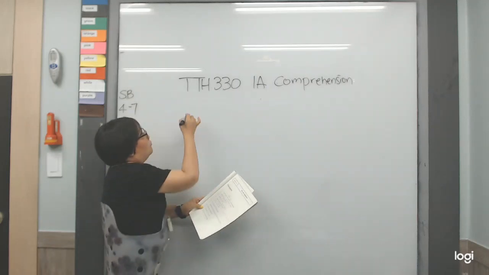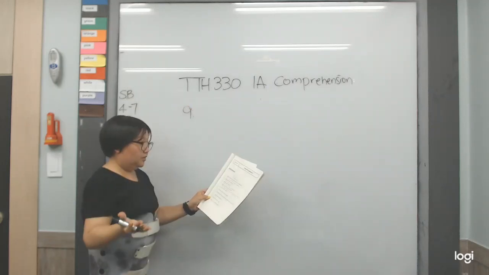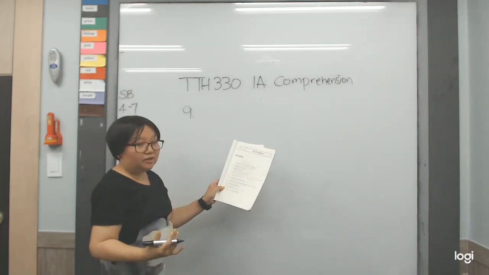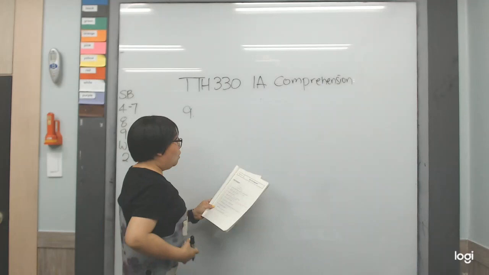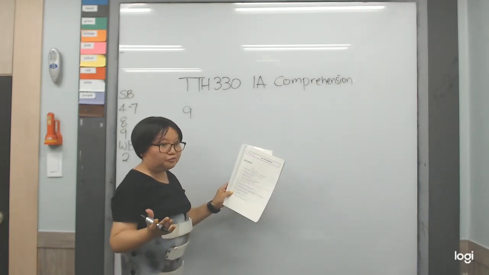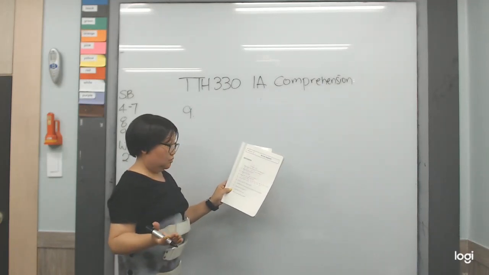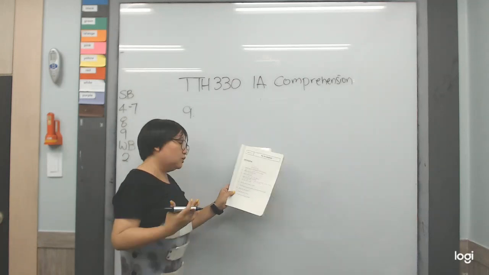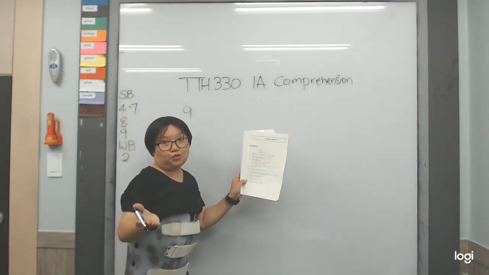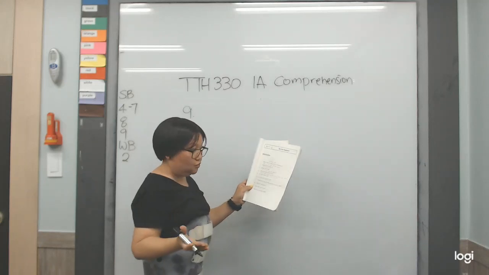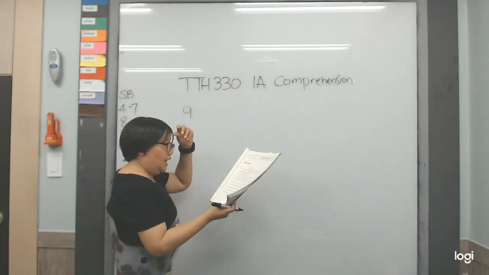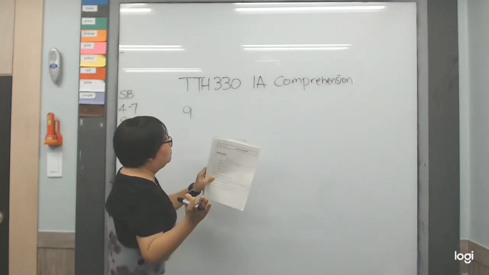Okay, so number 9, everybody, what is it? What will it do for you? So, for example, if you have a dog, what will the dog do for you? Or if you have a cat, what will the cat do for you? If you have a bird, what will the bird do for you? Well, I said I will have a dog, right? So, let's write down.